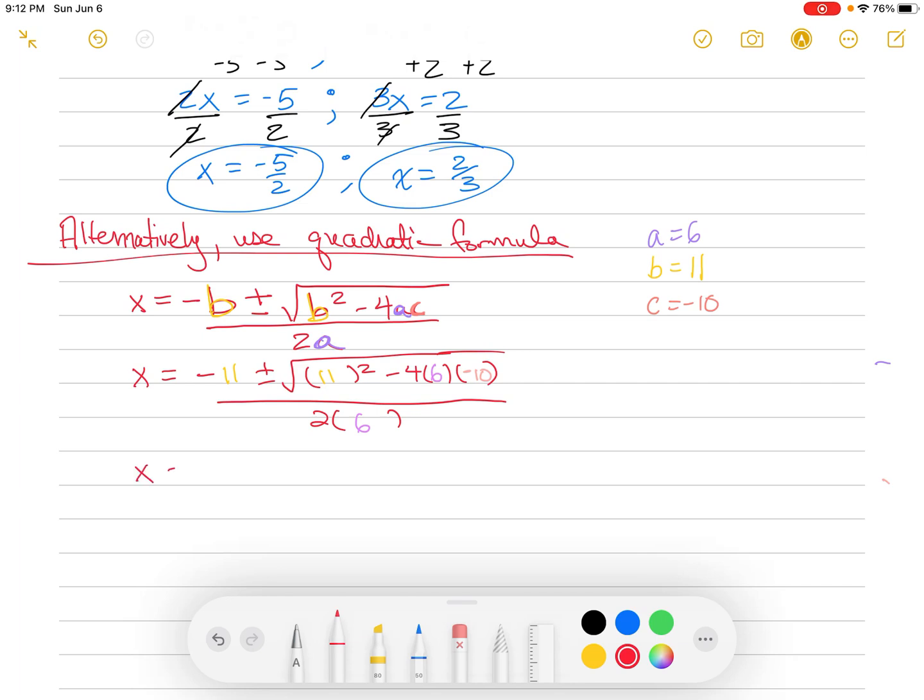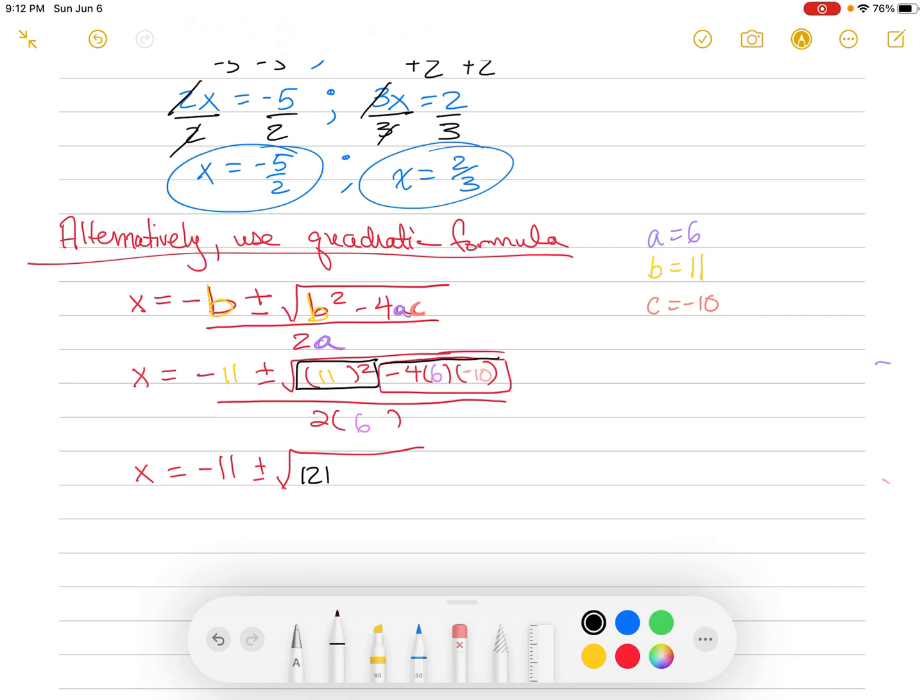When I simplify this, I get minus 11 plus or minus the square root of, let's do 11 squared. 11 squared is 121. And then you're going to have all of this here multiplied together.